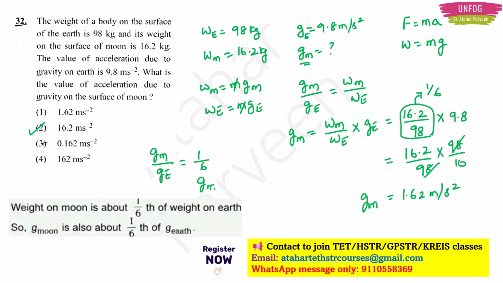So what will be g_M then? It will be 1/6 of g_E. Same thing will be for weight on the moon upon weight on the earth. So weight on the moon will be equal to 1/6 of weight on the earth for that particular body. You have to calculate by yourself whether you also get this for weight on moon and on earth, and you have to write in the comment section.